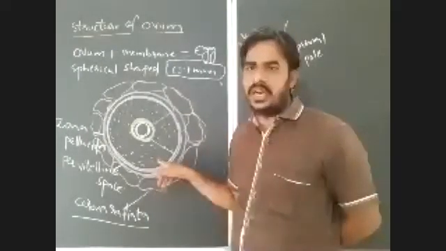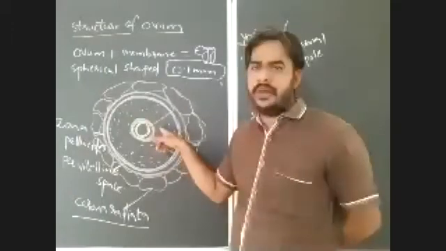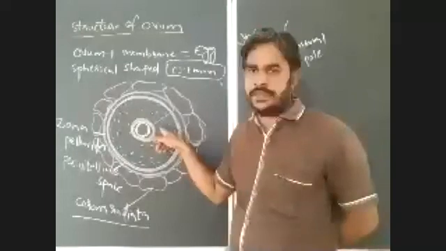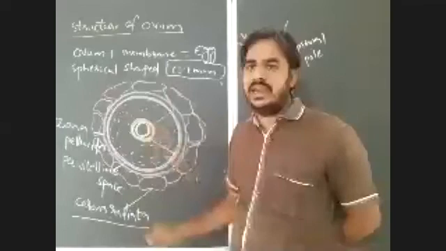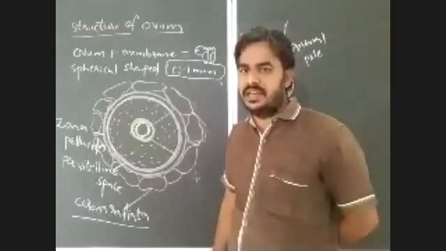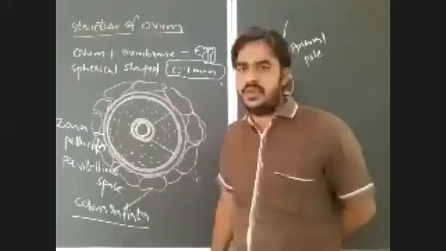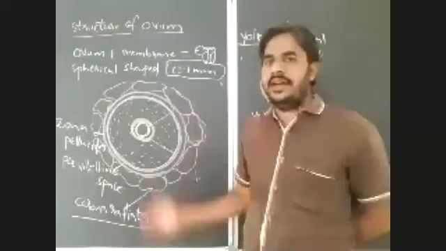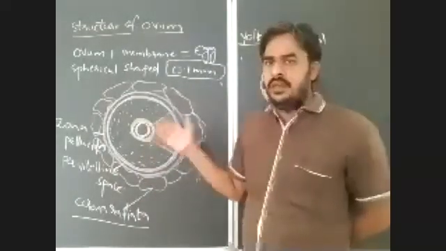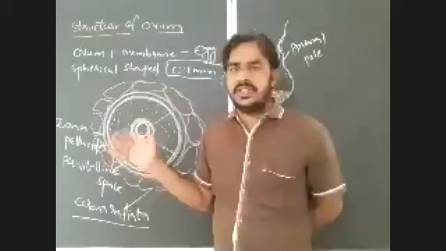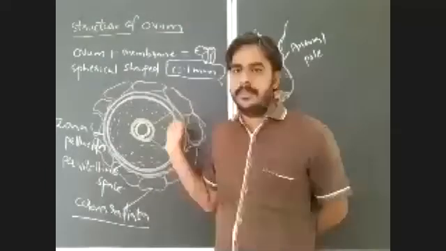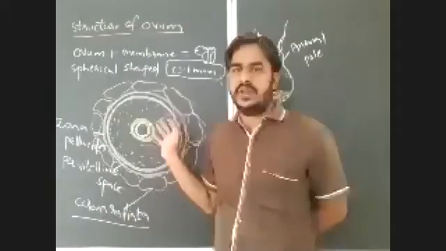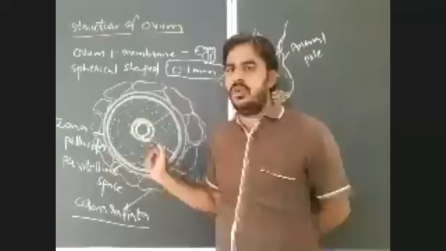One more thing you have to remember here: in the ovum, there is a vesicular nucleus, which is known as the germinal vesicle. The nucleus of the ovum is known as the germinal vesicle. Already I told you, the otid formed by meiosis II modifies into an ovum.